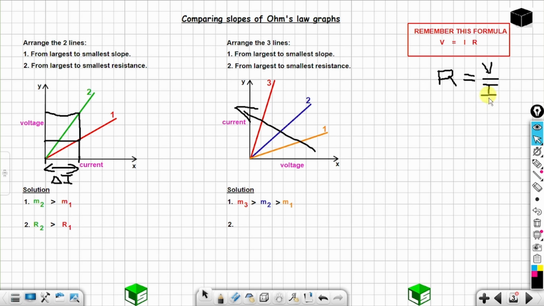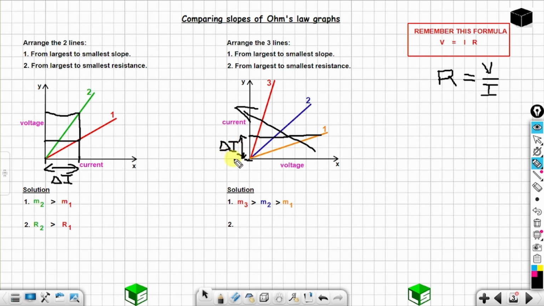Let's maintain the current. We can start from that point to that point. We have all 3 lines, so we maintain the change in the current.